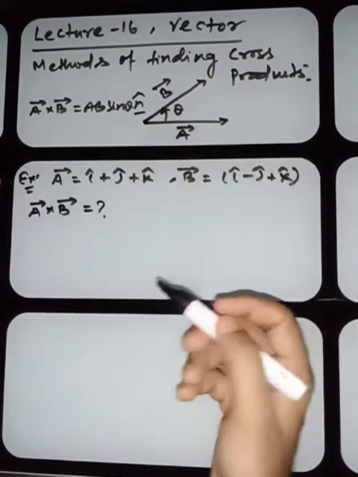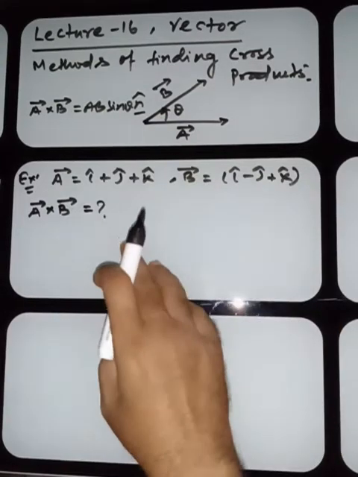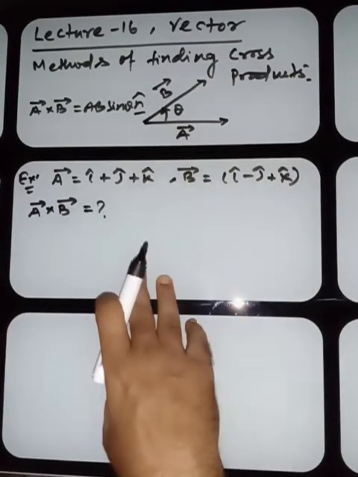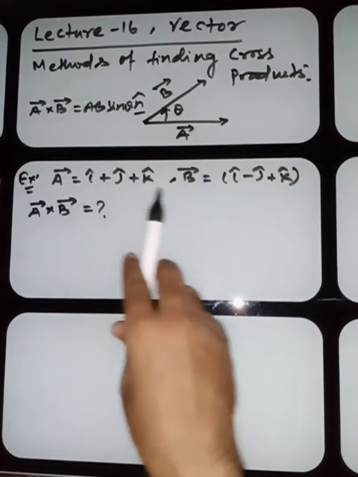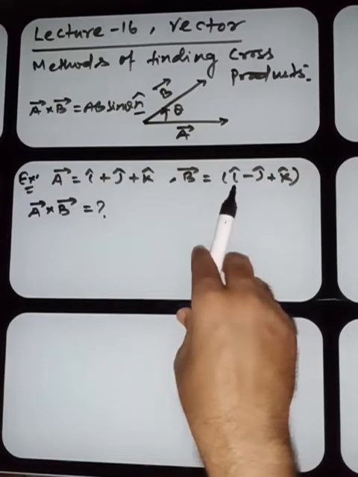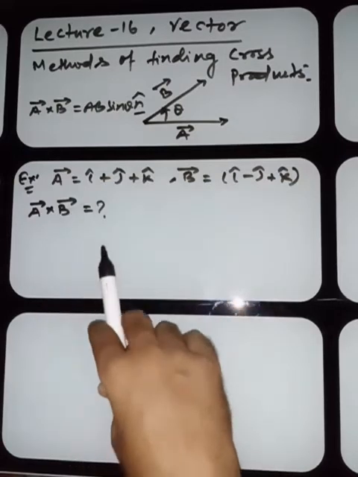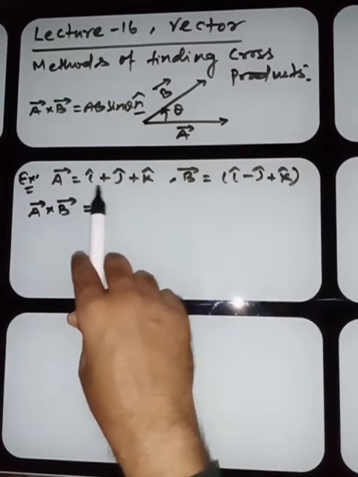It was very easy to find the dot product of A and B, but here we are going to find the cross product.